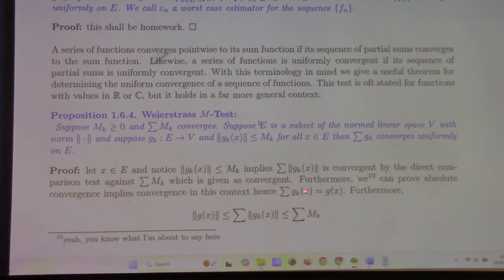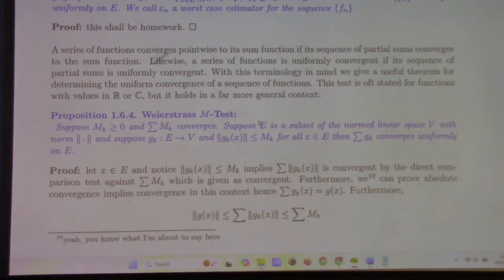So we have that this is convergent, and I'm saying the sum of the series is G(x). So what you have then is that the norm of G(x) is less than or equal to the sum of the series of the norms, and that of course is bounded above by the majorizing series.